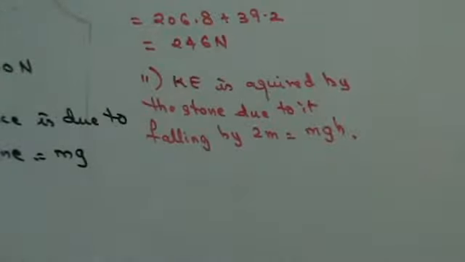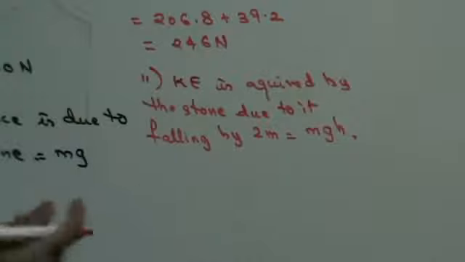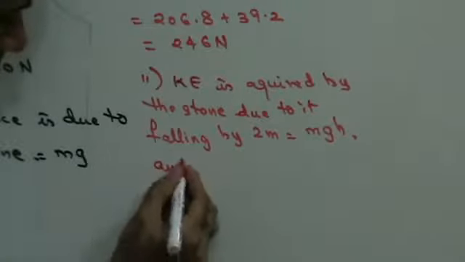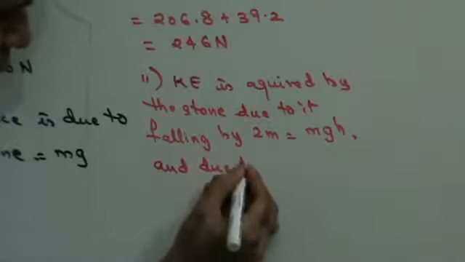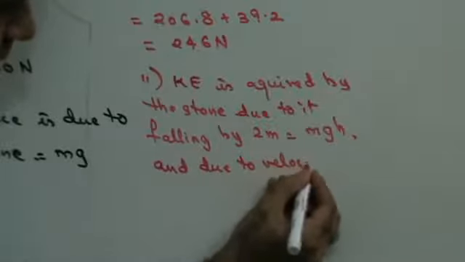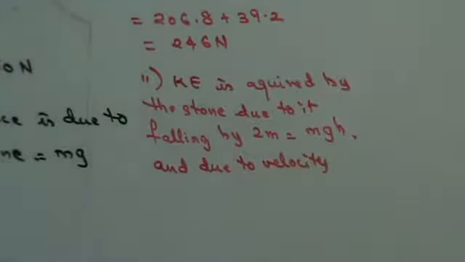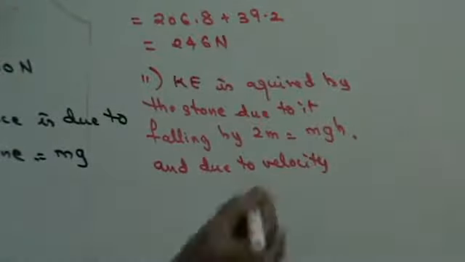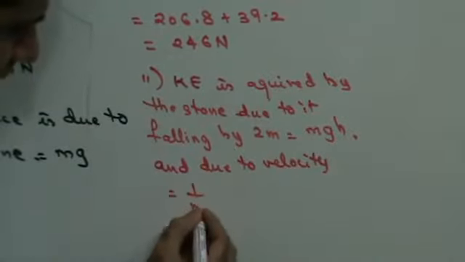That is the kinetic energy that is going to be acquired, and due to the velocity with which it is moving down, it is going to be half mv square.